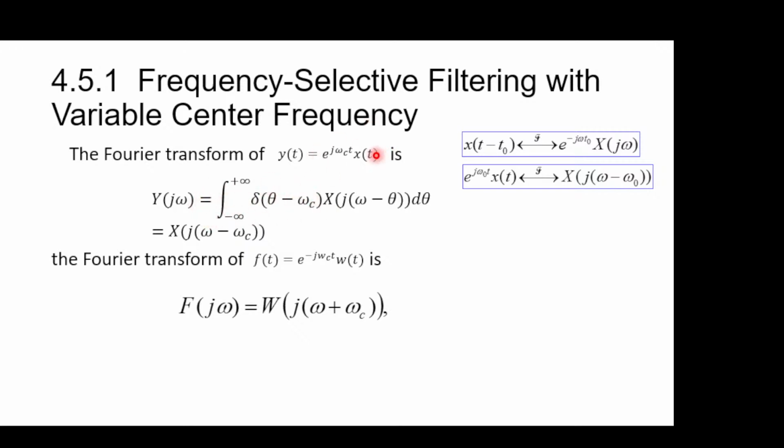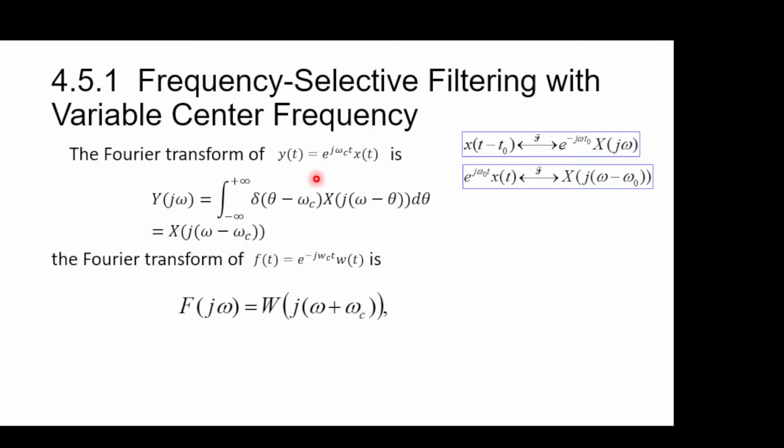So we have this delta function, delta of theta minus omega c, where theta is now the dummy variable, convolved with the frequency domain of big X. This delta function integrating with X does a frequency shift on omega. You sort out the integration, and it gives you a frequency shift. So this becomes X of omega minus omega c.